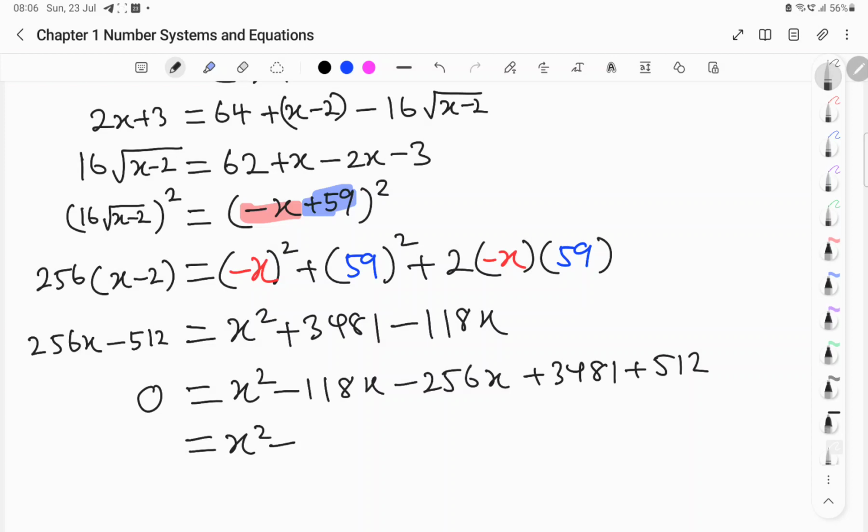X squared minus, 118 plus 256 is 374x, plus 3481 plus 512. I'm using my calculator now. That's why I'm talking to myself. Okay, so 3993.